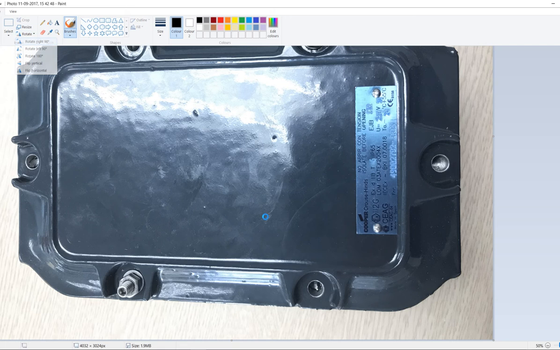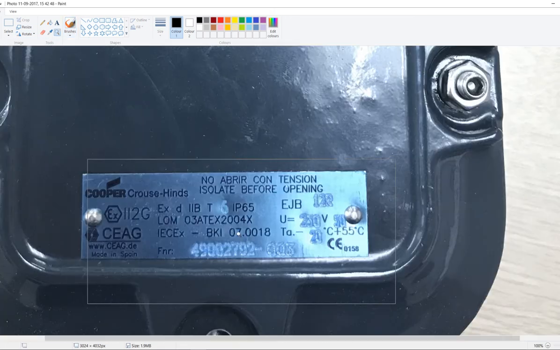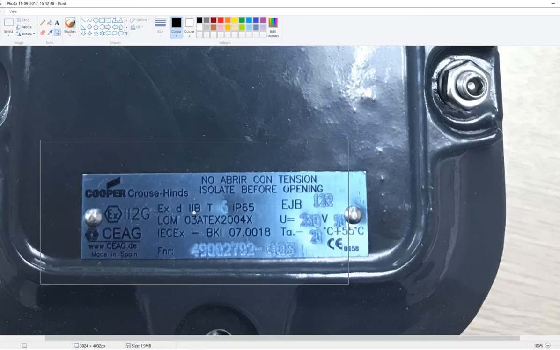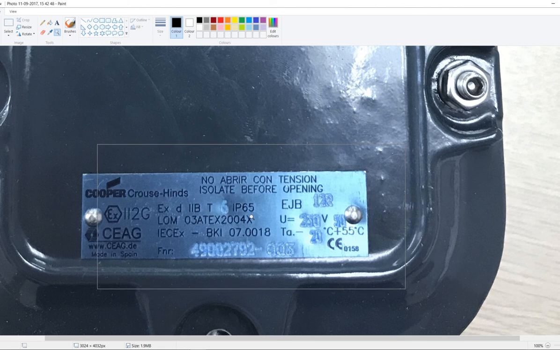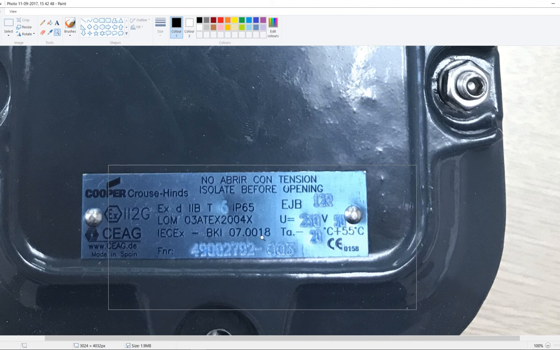Try to rotate. So you see this is EX 2B and T6, IP65, and with IEC certificate BKI 070018.